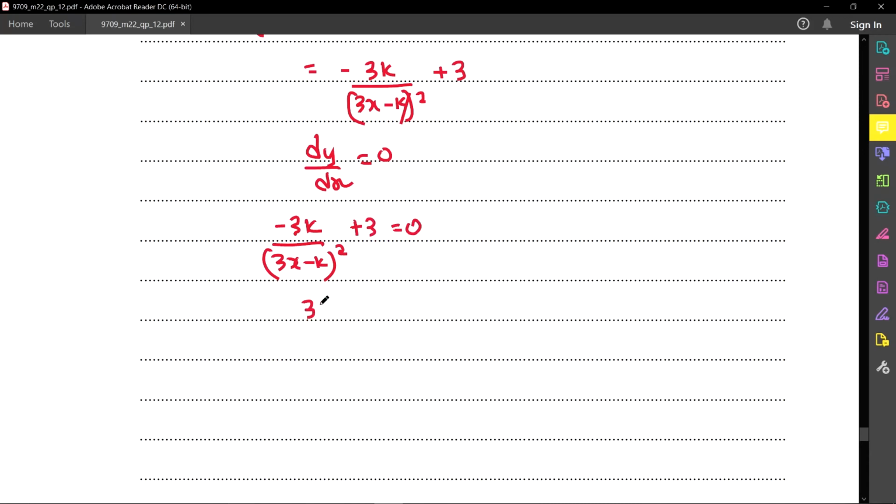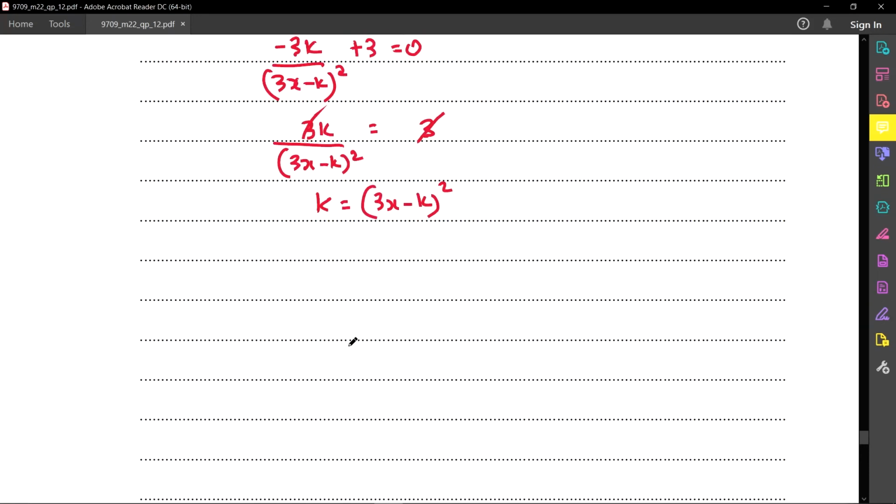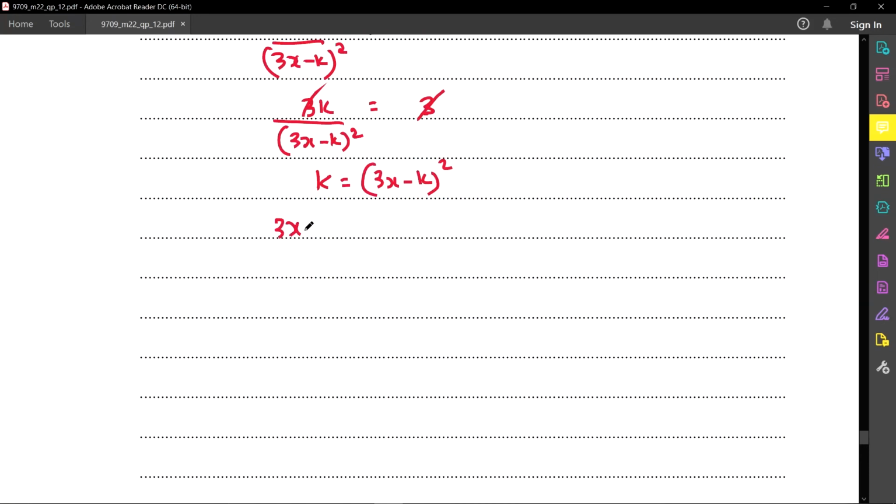Therefore we have 3k equal to 3 times (3x minus k) whole squared. Cancel the 3 and the 3. Therefore k equals (3x minus k) whole squared. So 3x minus k will be plus or minus root k.